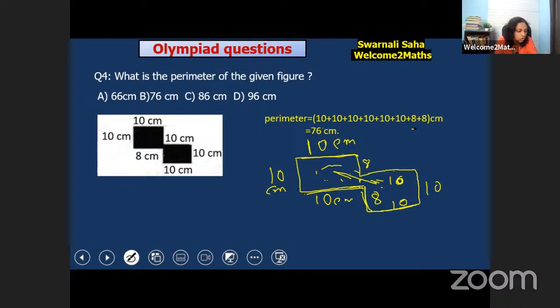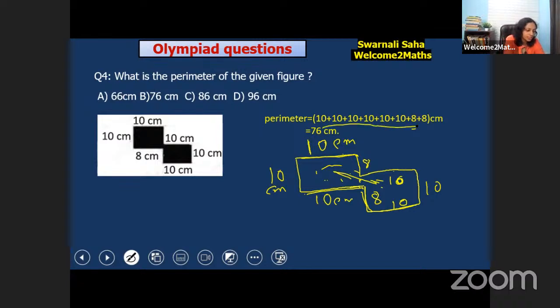Okay. Understood? In this way, whenever you have this type of question, where figures are given in the question, always draw the figures so that you can easily understand. Yes.